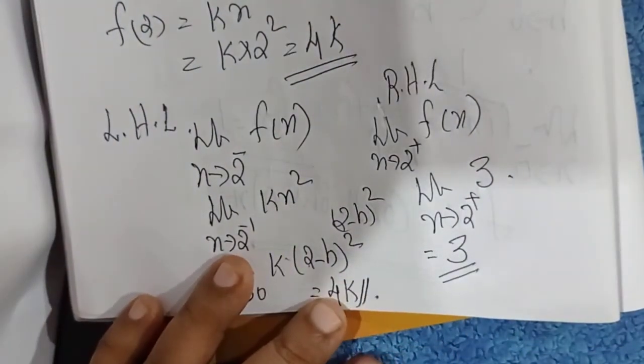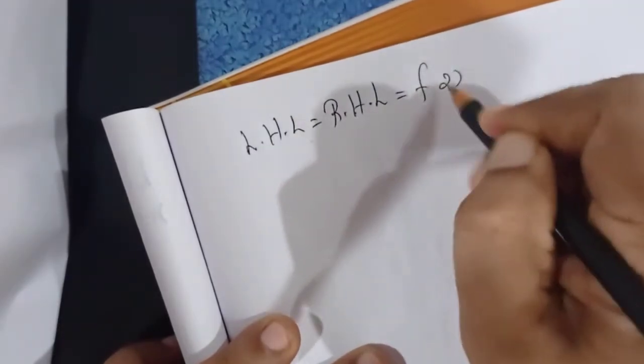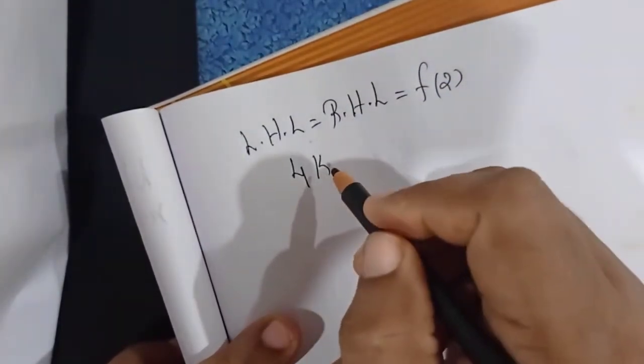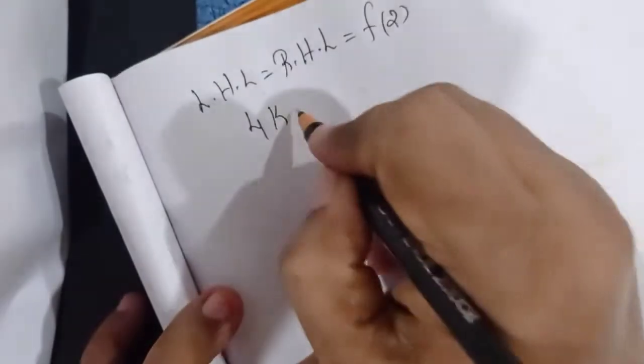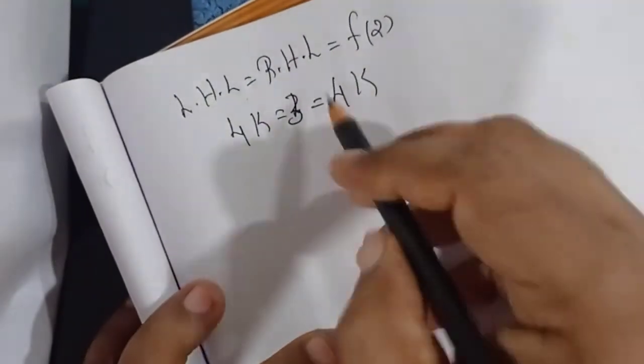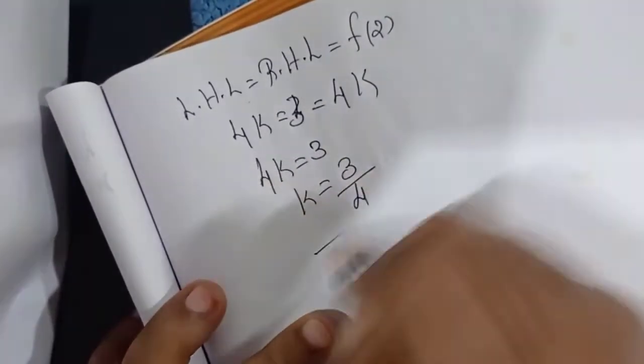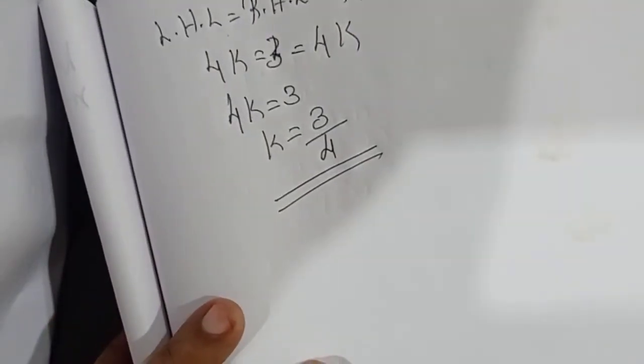Already it is given, this is continuous, which means LHL equal to RHL equal to f of 2. That means 4k equal to 3. Take any one. 4k equal to 3 means k equal to 3 by 4. k equal to 3 by 4. All of you understand?